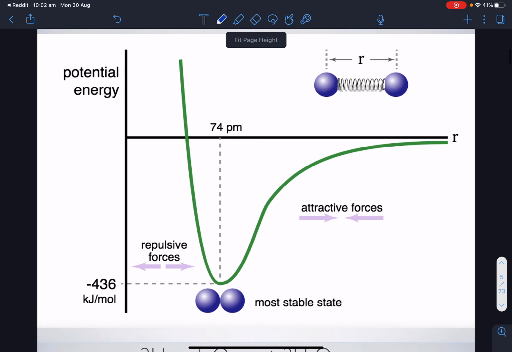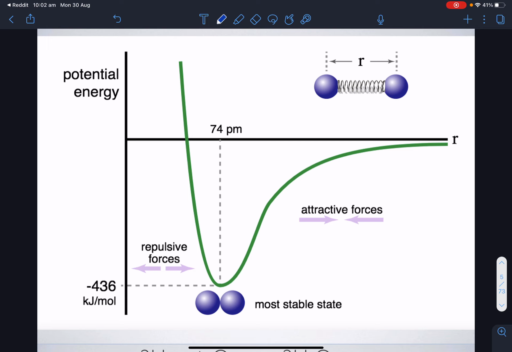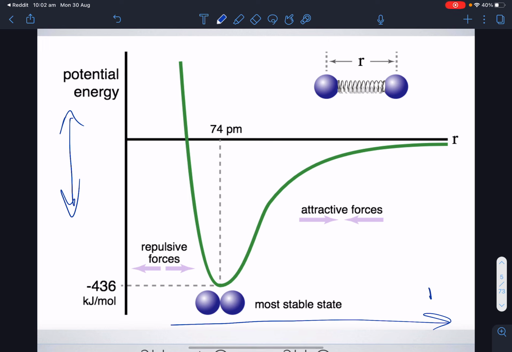Okay, let's focus a bit more on attraction here. So we know that atoms are attracted to each other. Positives and negatives. The positive of the nucleus will attract the negatives of the other atom, the electrons of the other atom, and they'll attract each other. And so what we've got here is a diagram of energy on the left-hand side, what we've been dealing with a lot in our diagrams lately. But on this x-axis here, this r is the radius between 2 atoms.